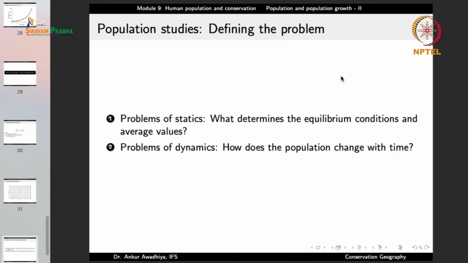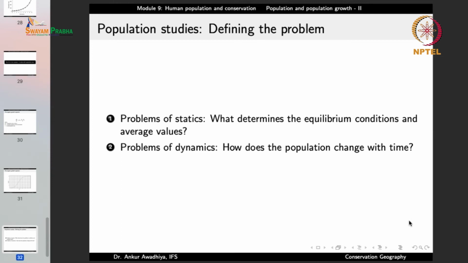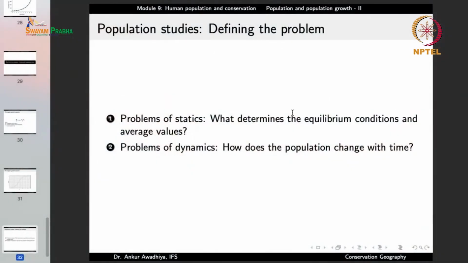Now, when we do population studies, there are two kinds of problems, or rather two viewpoints or perspectives, that can be studied. So we may be interested in problems of statics. Statics considers that the population is fixed. If we consider a fixed population, what are the parameters and what governs those parameters? That is what determines the equilibrium conditions and the average values.